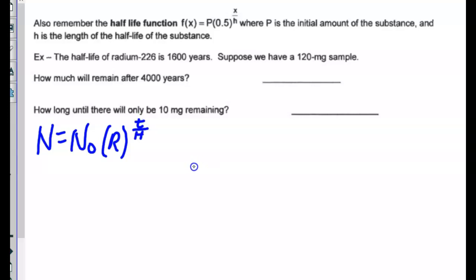Anybody have it out? Isabella, is that right? Okay. This is what it looks like on the sheet. But it says this is a half-life question, so that immediately makes R 1/2. Okay.